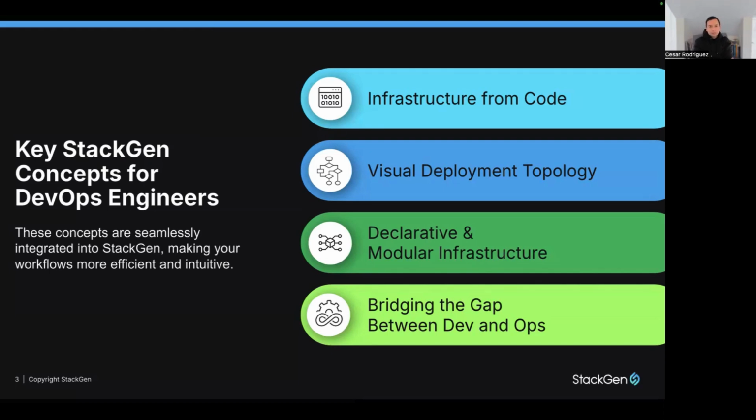So the special sauce behind our product at StackGen are these critical benefits. First is infrastructure from code. For us, code can mean multiple things. It can mean source code, like a Java application, a Python application, Golang, C Sharp, or it can mean your configuration files or things like your existing Terraform state file.